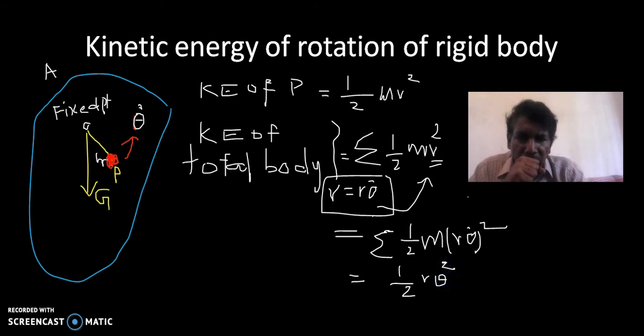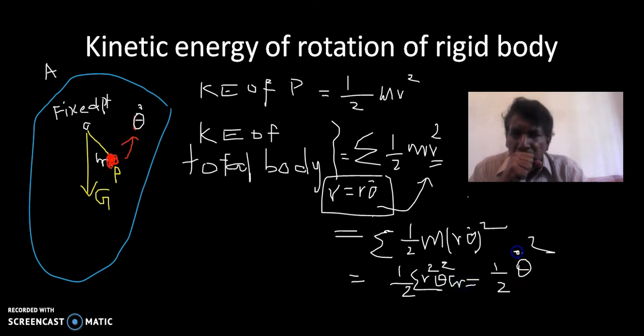Then we can take the summation of 1 by 2 into theta dot square into the summation of m into r square.